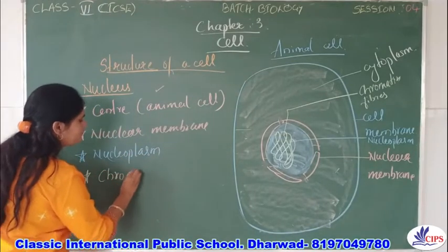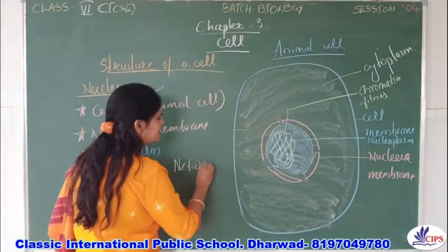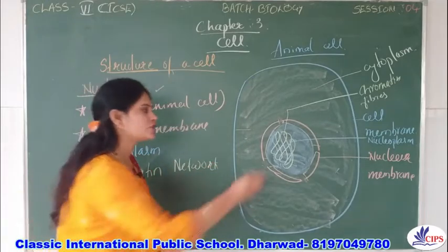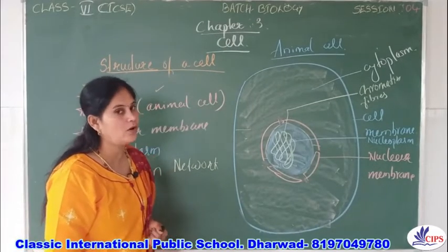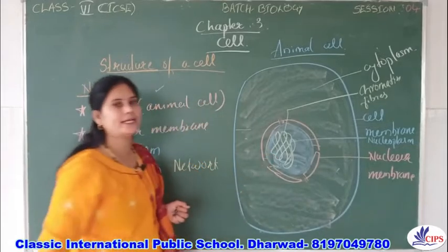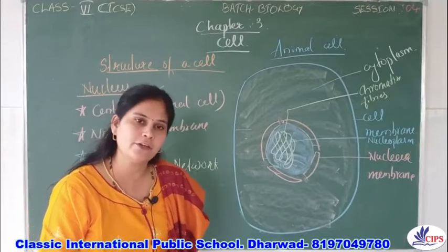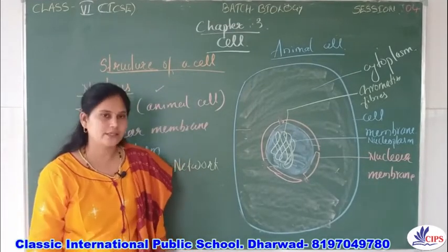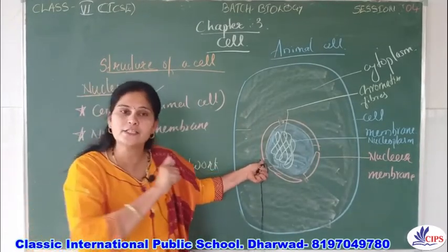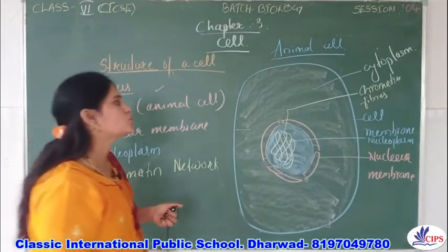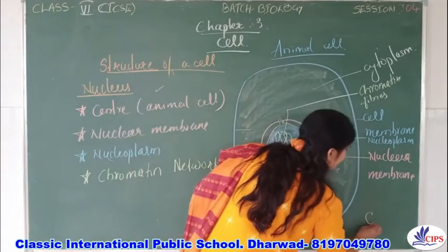These are the thread-like structures present in the nucleus, called chromatin network, right? And this chromatin network condenses at the time of cell division. At the time of cell division, the chromatin network condenses to form a chromosome. So it forms a structure like this.